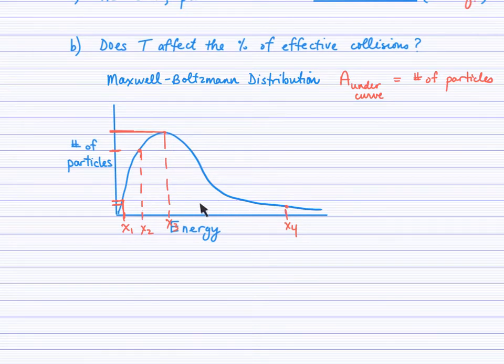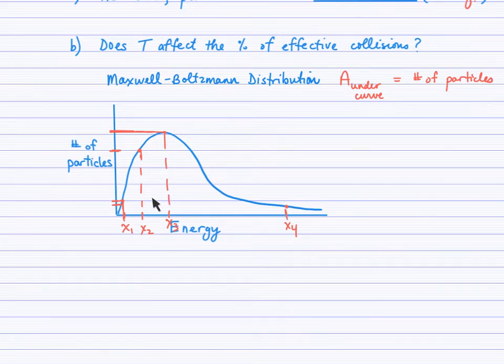That represents all the particles in the sample, so the total sum. So even though on the y-axis over here you can read perhaps that one particle has this kinetic energy, and 6 particles have this kinetic energy, and 10 particles have this kinetic energy, the area under the curve, all of this, so the actual size of that area, would represent the total number of particles in the sample.